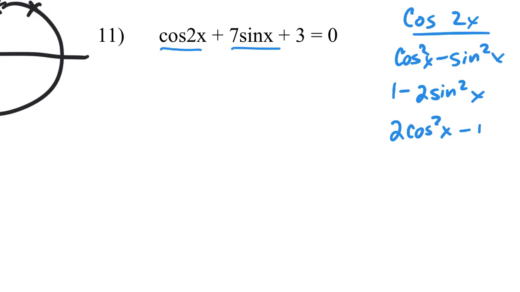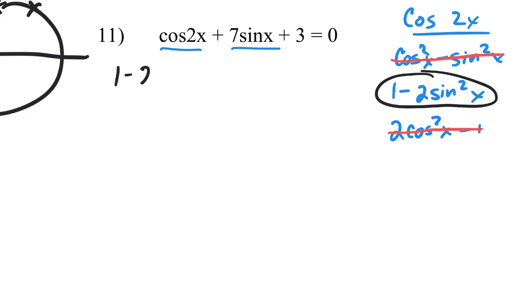And the issue I'm trying to resolve is that I have non-matching trig functions. Well, this first one doesn't make any sense because it won't solve that problem. And replacing cosine with cosine will also not help. So what I'm going to do is plug in 1 minus 2 sine squared x for cosine 2x.